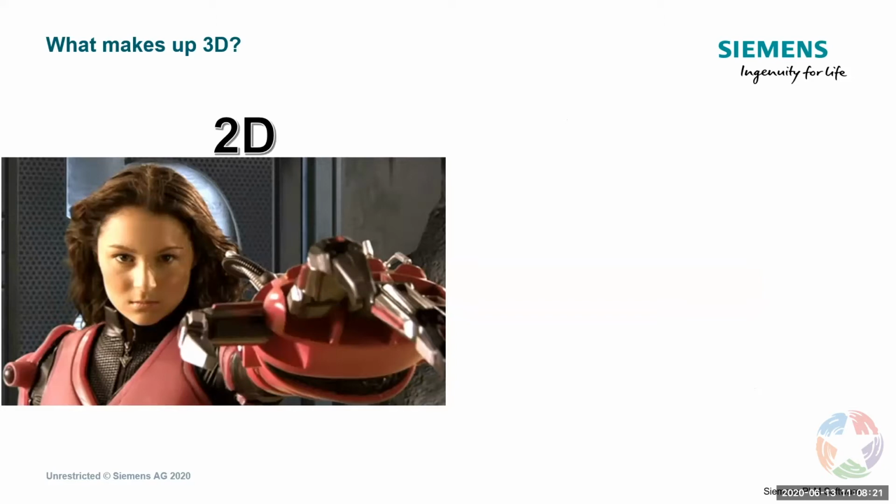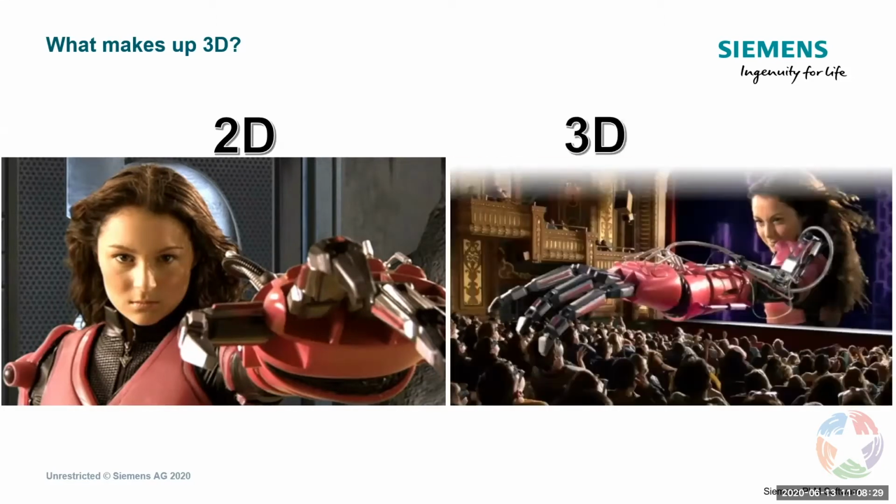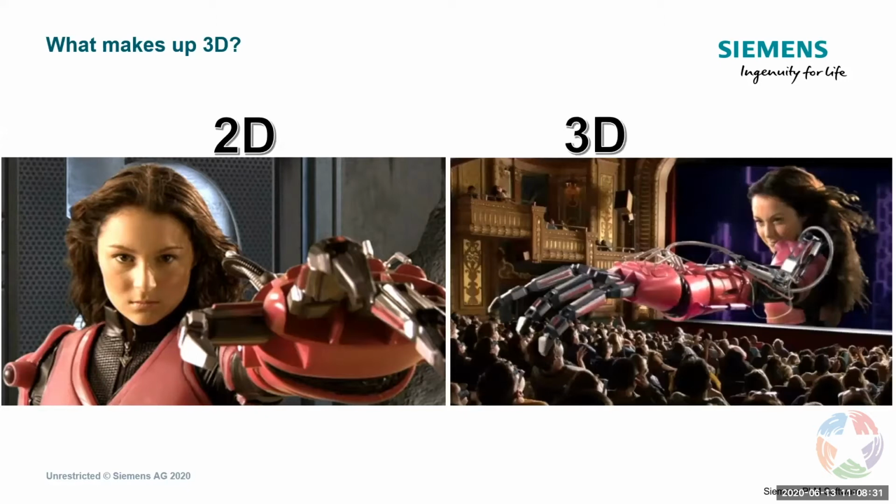Well, as you can see here, it's a 2D look at the Spy Kids movie. But if you purchase a 3D movie and you put on those glasses, you actually get that 3rd dimension. It's coming out at you. And that's what really 3D is all about, and that's how, as we'll learn today, you can actually design. And there's advantages to doing that.